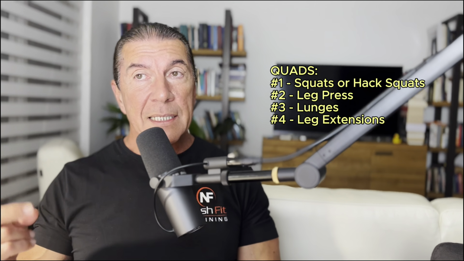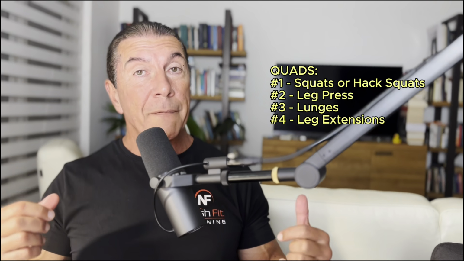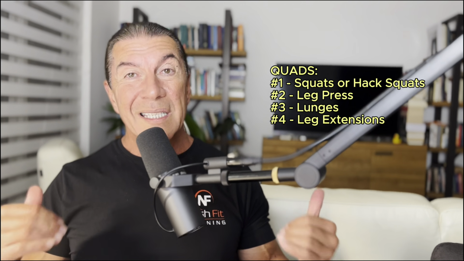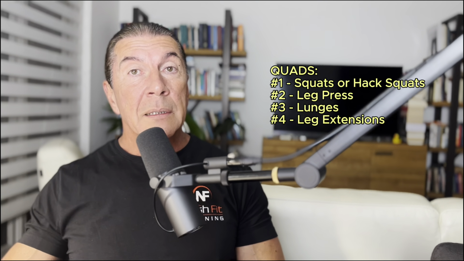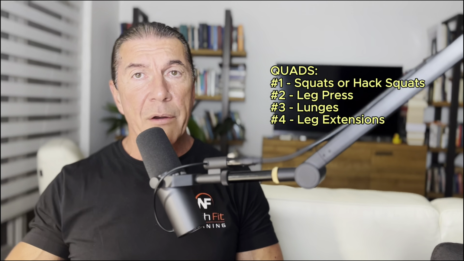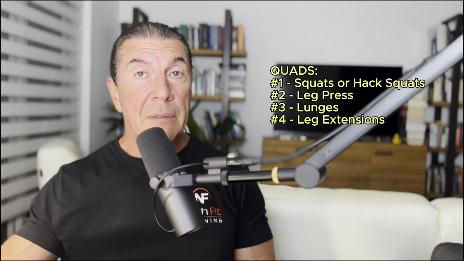The second exercise is leg press. A leg press is also very effective exercise, not as good as squats, but as the second exercise, I like to do leg press, which allows me to go much higher reps and use the overload principle even better.